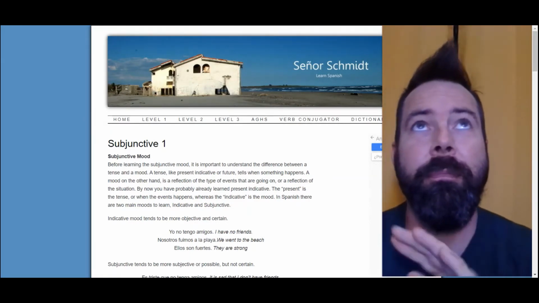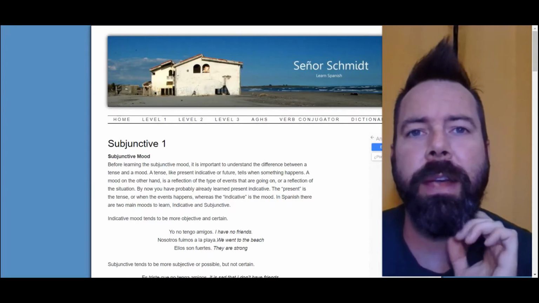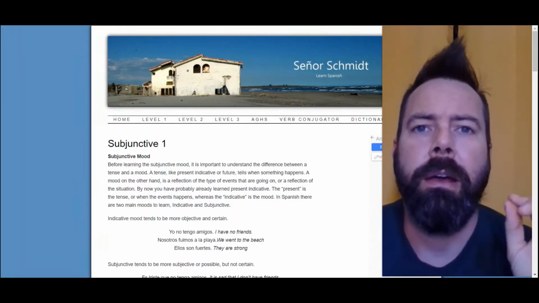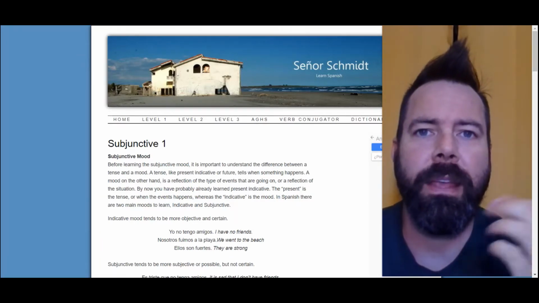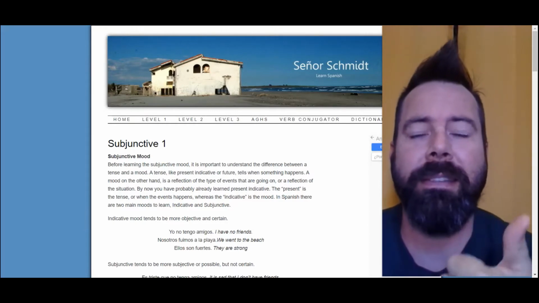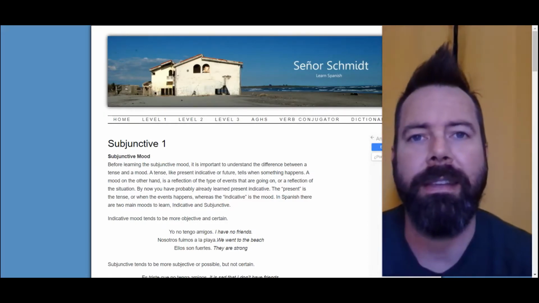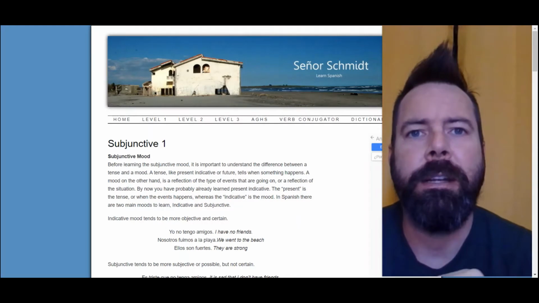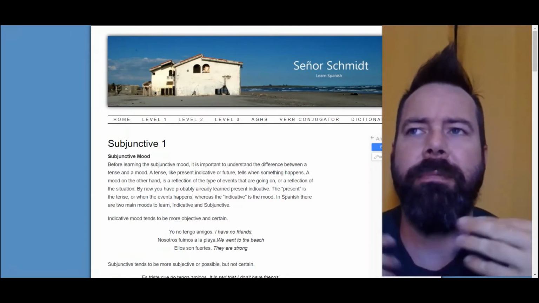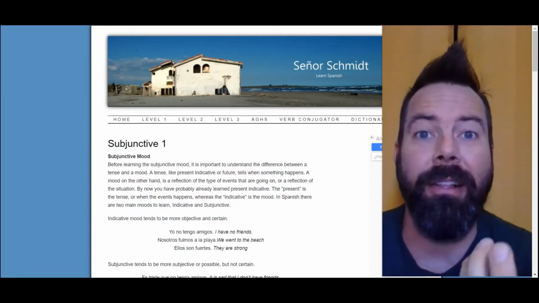Okay, so up until this point, you guys have been doing what's called indicative mood, and it's just present tense, preterite tense, imperfect. Eventually it'll be future. But it's very simple. It indicates reality, essentially.